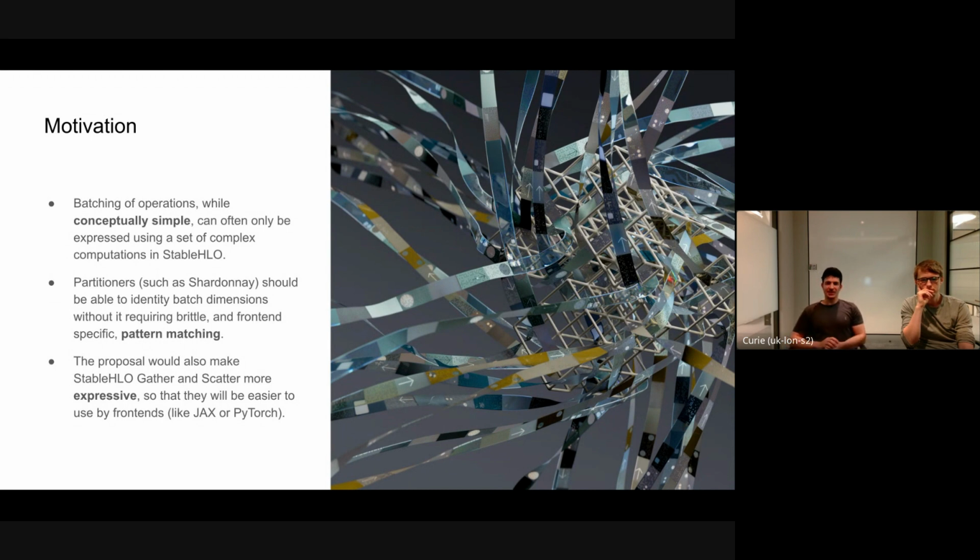The motivation is threefold. Batching should be conceptually simple. It's basically vectorizing over a dimension across all the tensors in an operation, but sometimes it requires a lot of complex computation, and gather and scatter are a great example of that, which I'll show in the next slides.